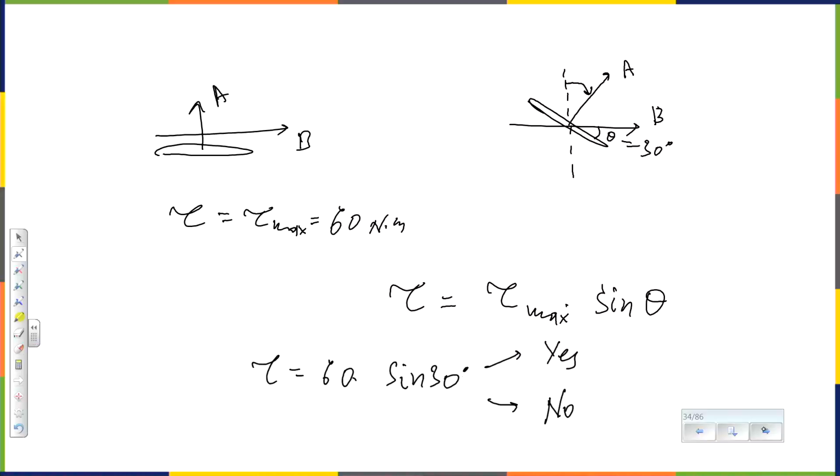If you think yes, it is a correct way to calculate the new torque, please raise your hand. If you think no, it is a wrong way to calculate the new torque, please raise your hand.